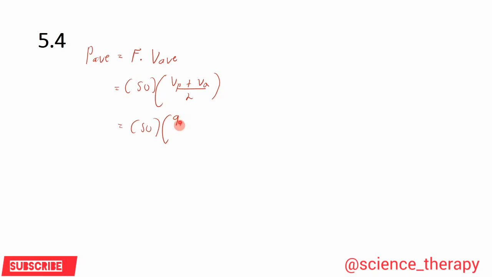This is the one that we just calculated, 9.95. Then what is the velocity at Q? We are given it's 15, and then divide that by 2, right? So if we multiply all that, we have 623.75. And remember, the SI unit for power is watts.